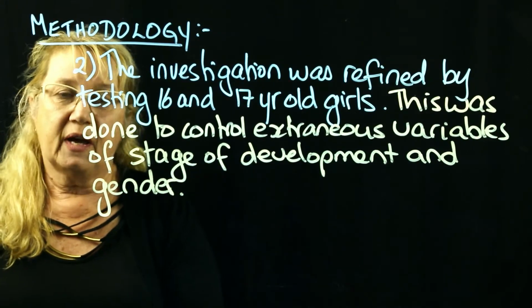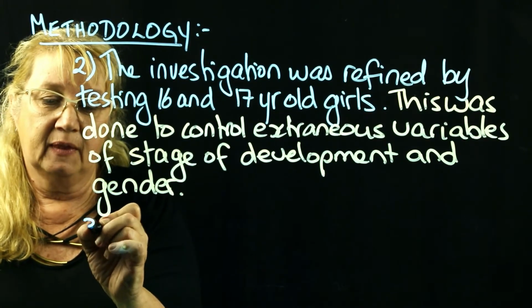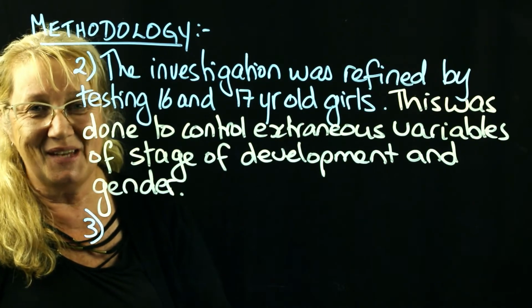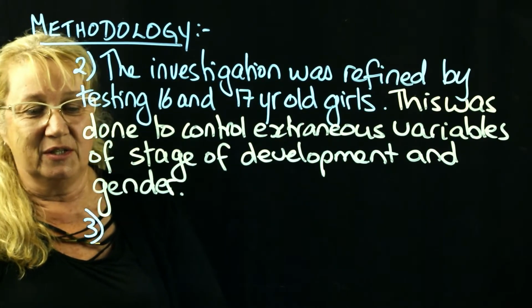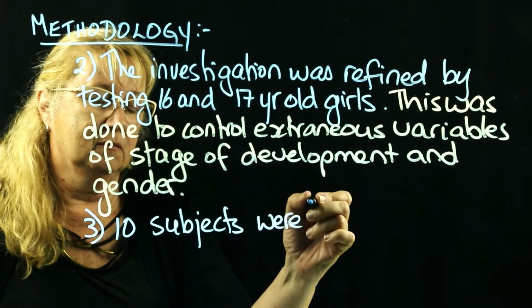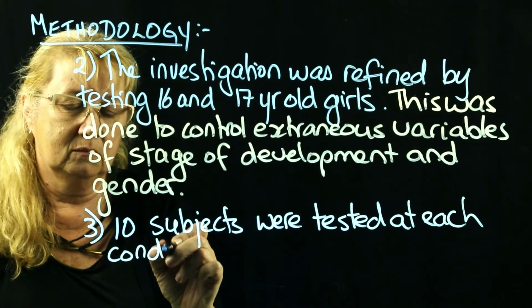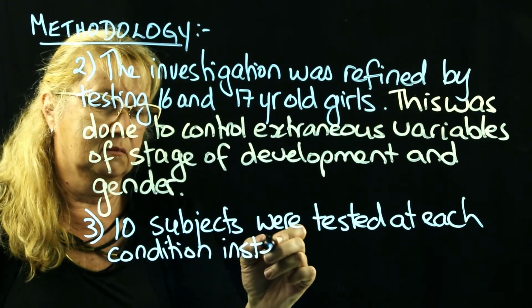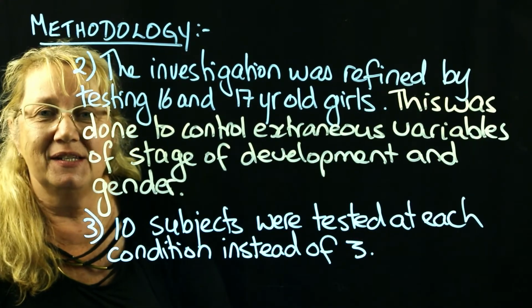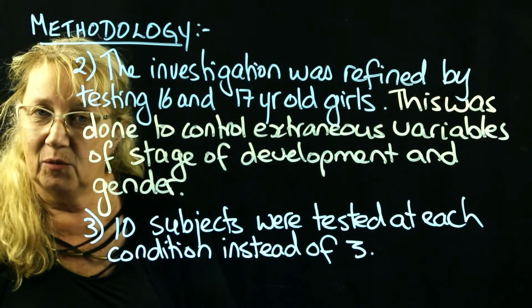We made 3 modifications to this investigation. The third one was an extension. We decided that we were going to test 10 subjects at each condition. We decided to test 10 subjects instead of 3 because these are people.